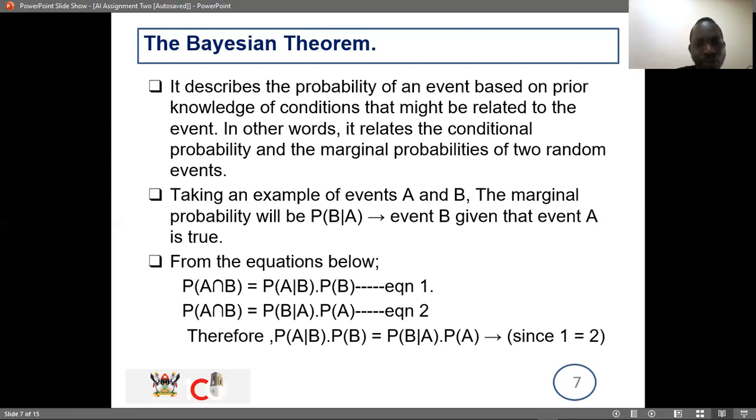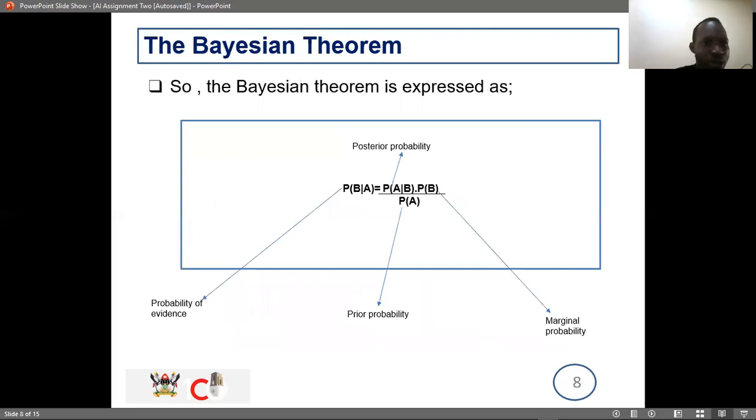Therefore, the probability of A given B multiplied by the probability of B is equal to the probability of B given A multiplied by the probability of A. From this equation, we can derive the Bayesian theorem.